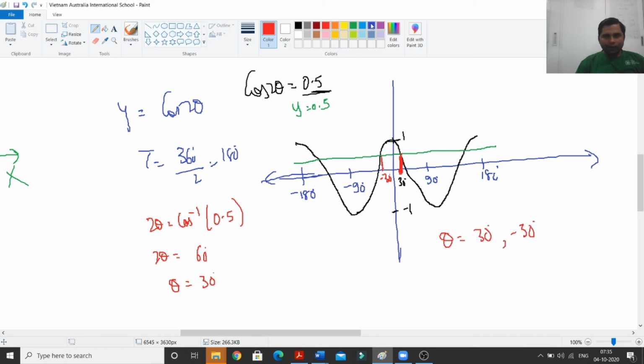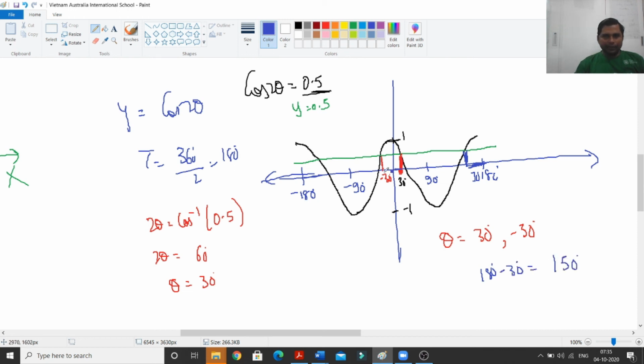Now we have to find out this particular intersection point, this one, and how we can find out, as this value, this distance is 30. From 180 this has to be 30 as well, because it is symmetrical graph, right? So the total distance is 180 and this is 30, so the other answer will be 180 minus 30, which is 150 degrees.